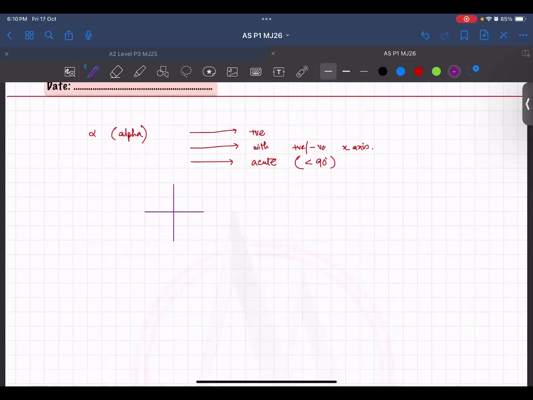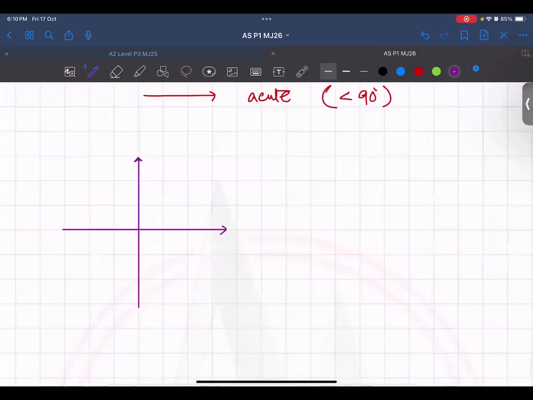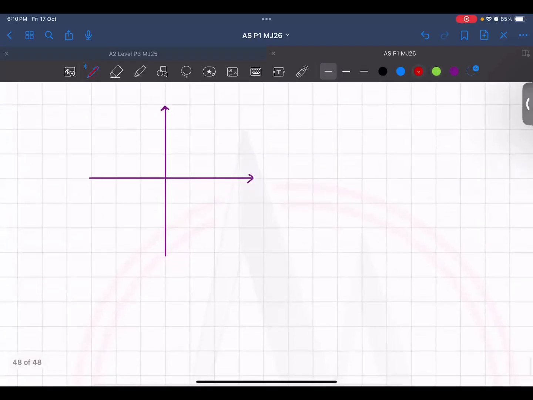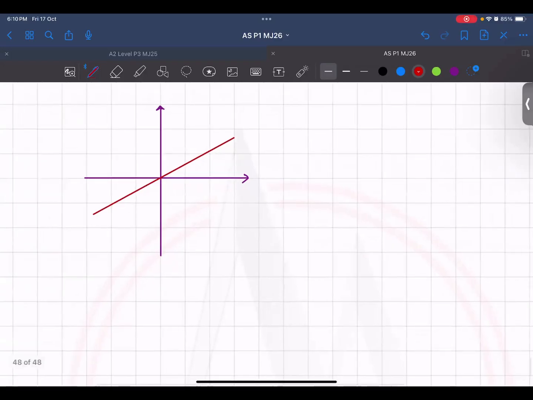So following this definition for alpha, I can place alpha in the coordinates like this. So here alpha can be this, alpha can be this, alpha can be this, alpha can be this.